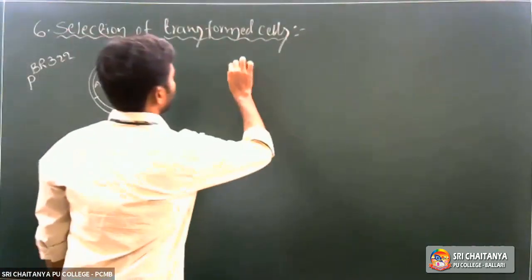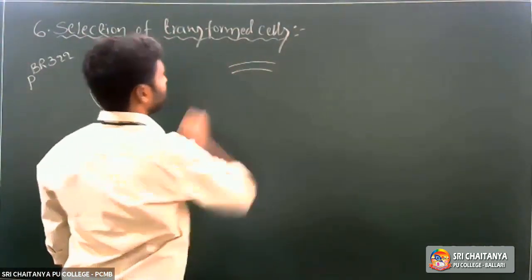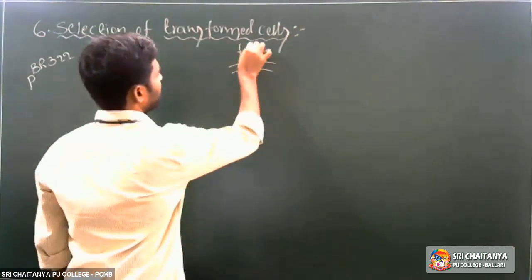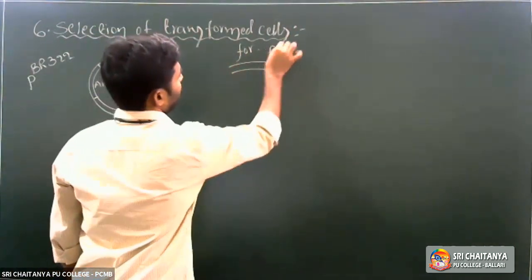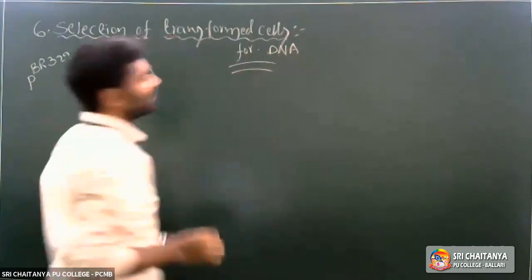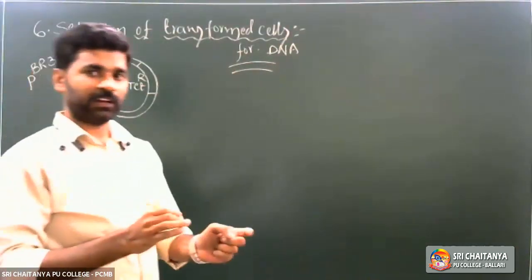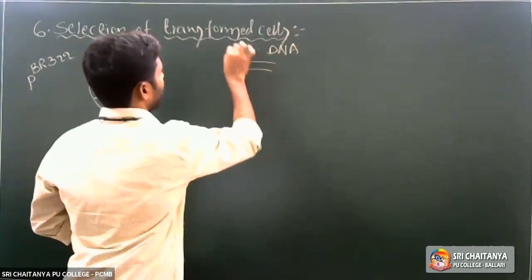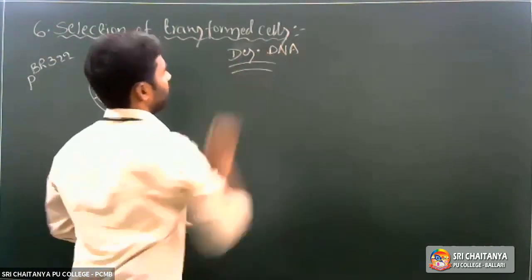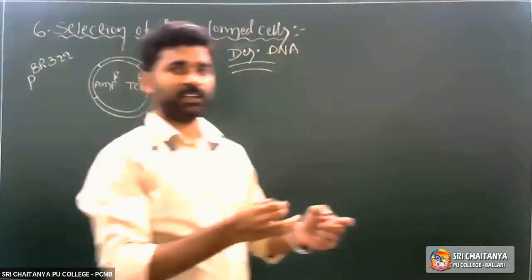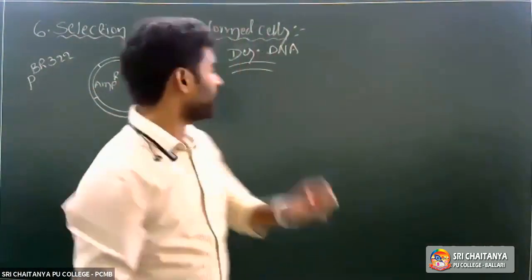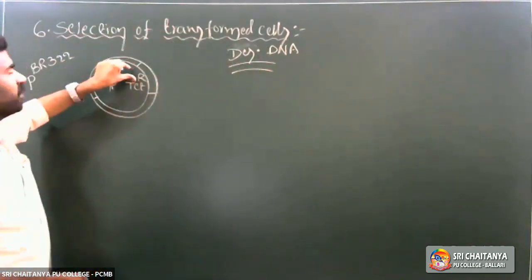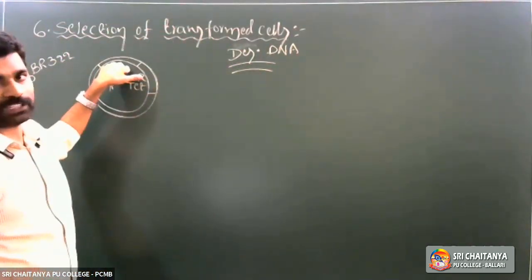So we selected foreign genetic material, or alien DNA. Better to write it as desirable DNA, foreign DNA or alien DNA, same meaning. We need to insert this desirable DNA into the pBR322 vector.